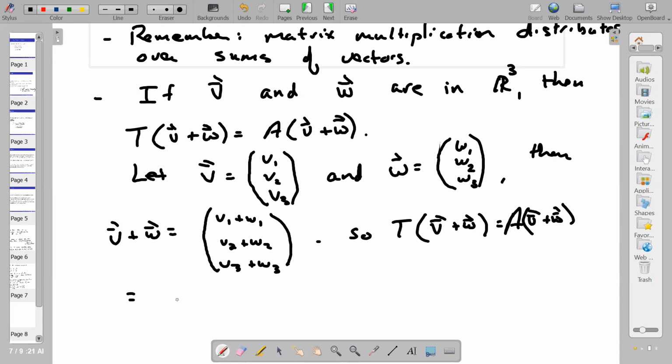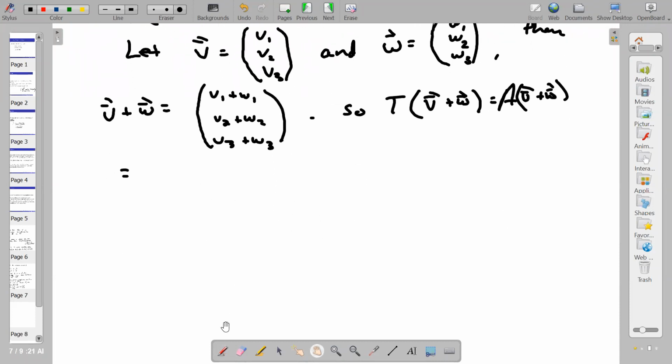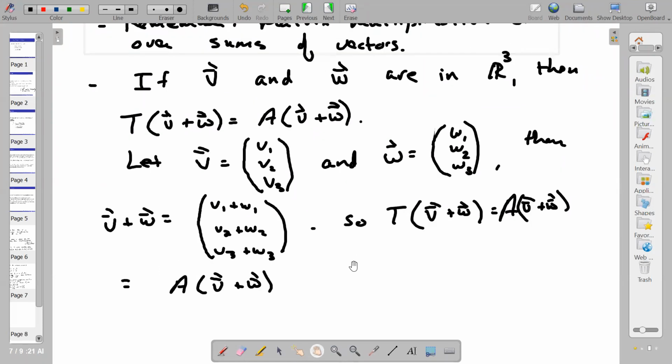In more detail, you have a matrix A times v plus w. You're multiplying on the left. V and W were vectors.